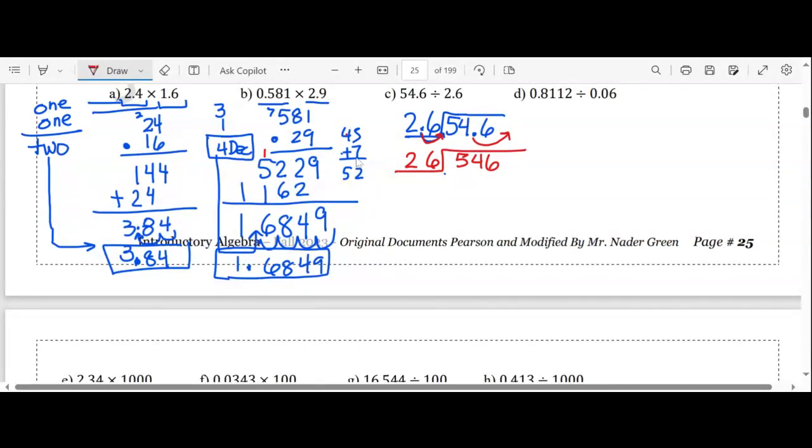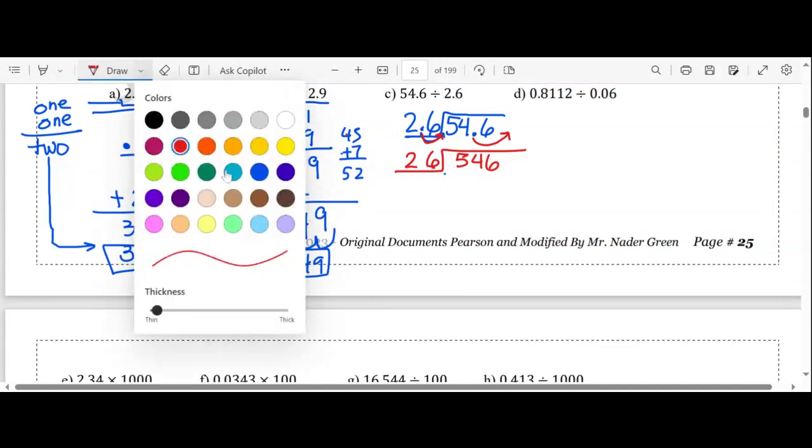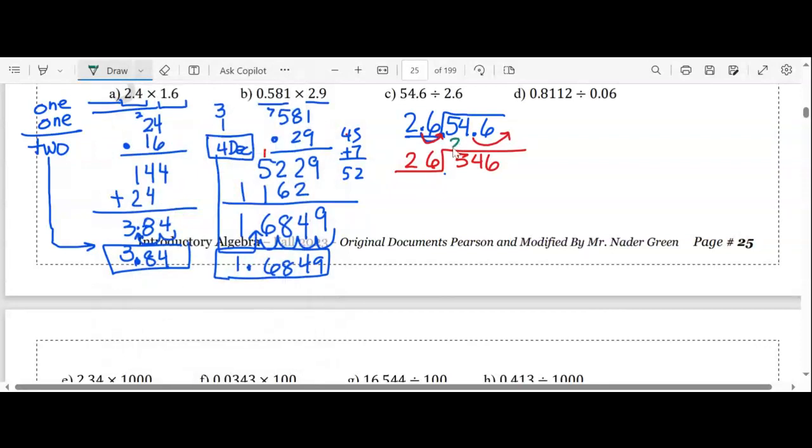Correct? Yes. Okay. Now 26 goes into 5? No. 26 goes into 54? Yes. Right? Should we say 1 or 2? 2. So we put here 2. 2 times 6? 12.